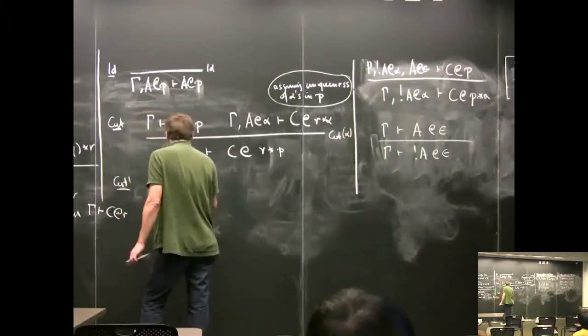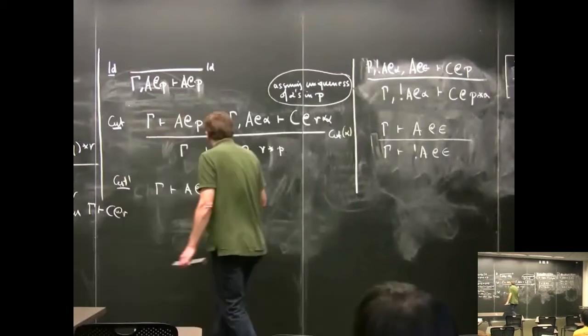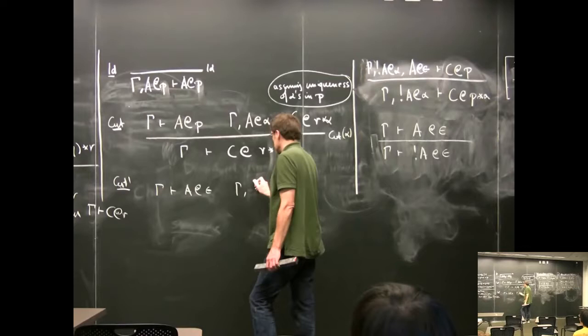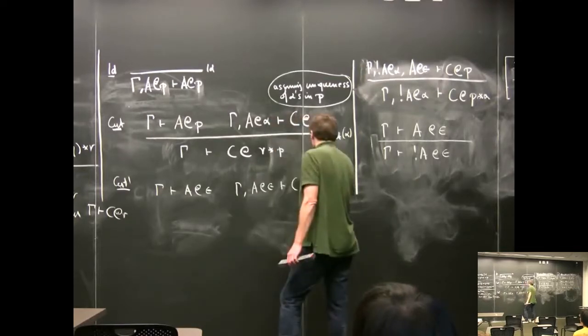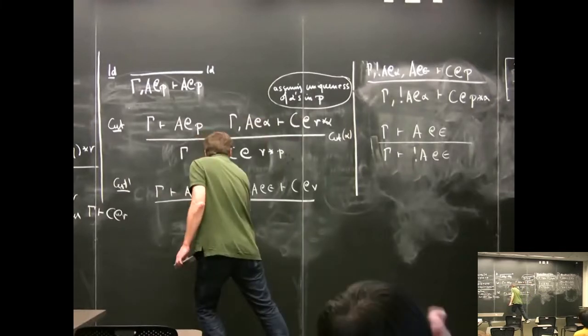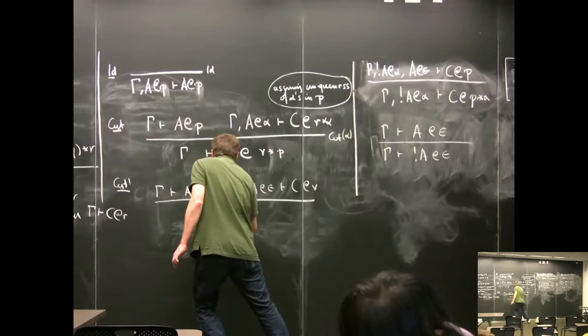Gamma proves A at epsilon, and then gamma, A at epsilon proves C at R. Gamma proves C at R, right? Okay, so that makes sense.